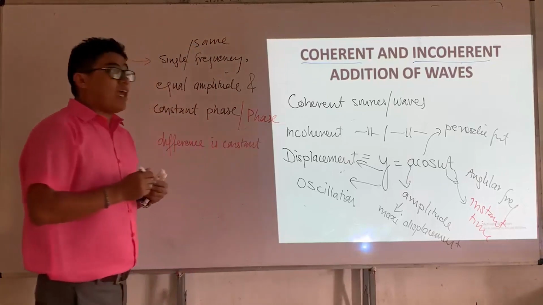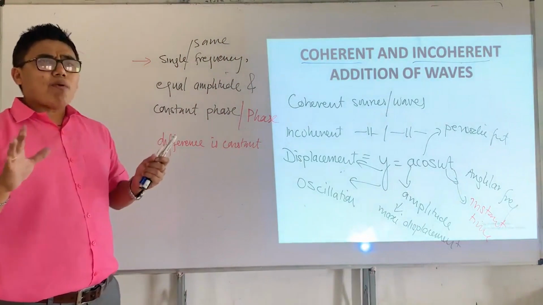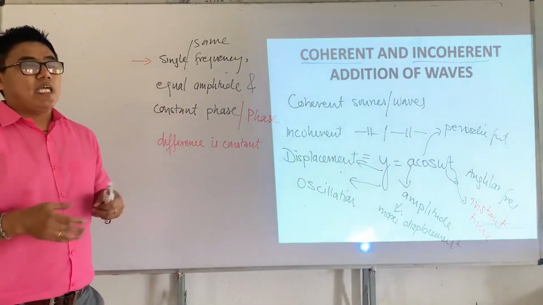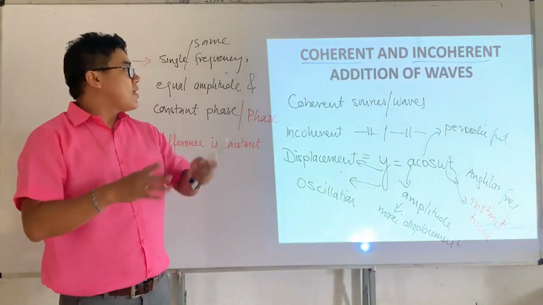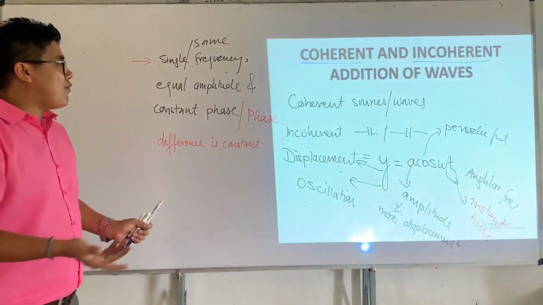This kind of wave is what we call a coherent wave. Normally we say that if the phase remains constant with time, we call it a coherent wave. So what are incoherent waves?